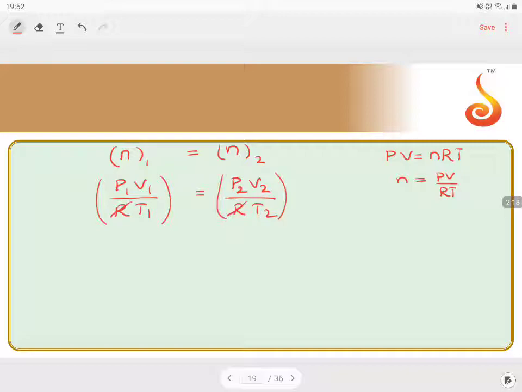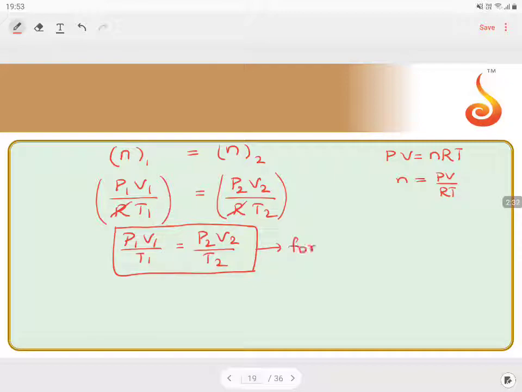R and R get cancelled. We have P1 V1 by T1 is equal to P2 V2 by T2. This is the combined gas equation, the formula which is required for solving this particular problem.